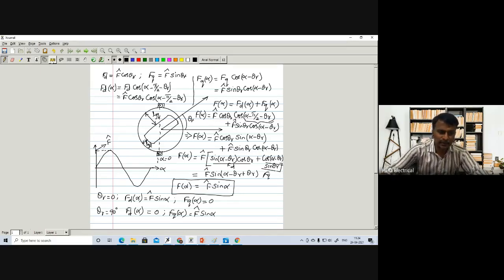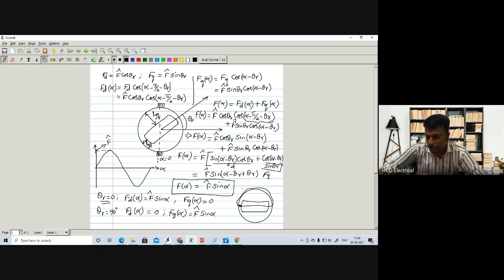Let me give this explanation in another way. This is the rotor, this is the stator. If theta r equals 0, the rotor will be in this position. Only the resultant magnetomotive force is contributing through this air gap, since the flux flows here, comes back and goes down.